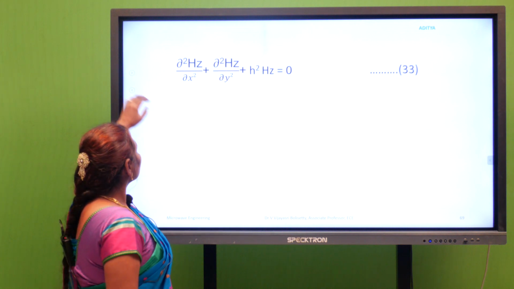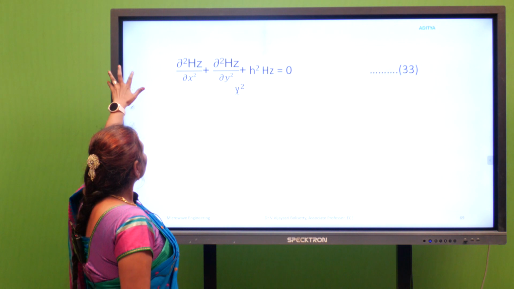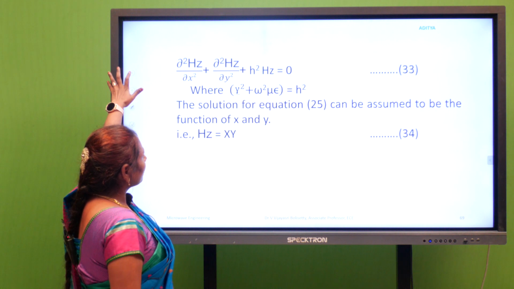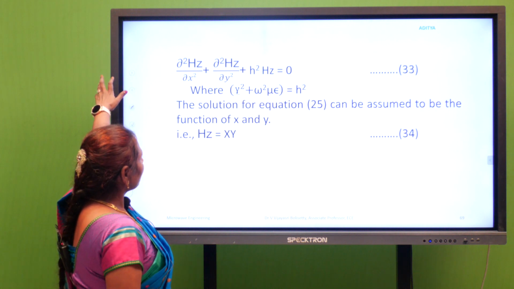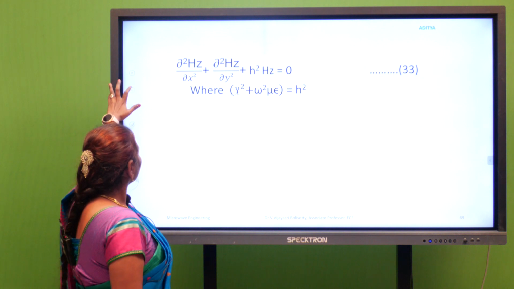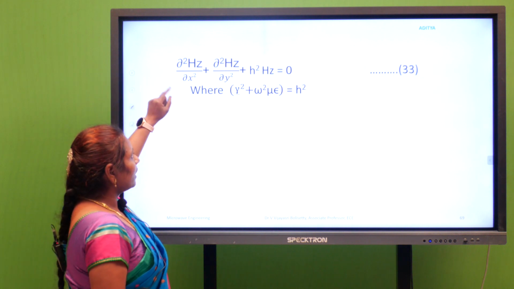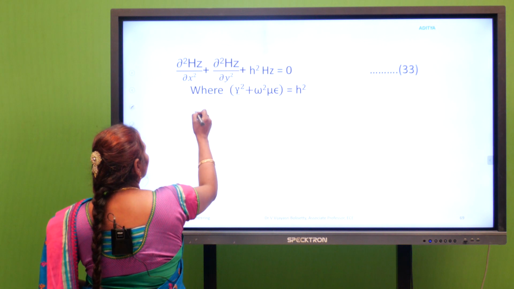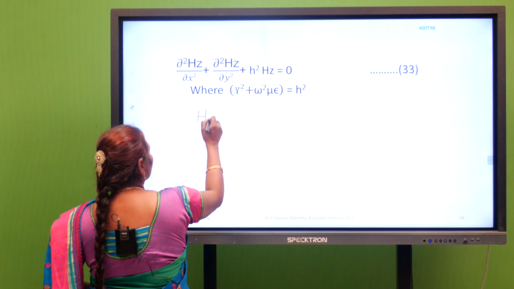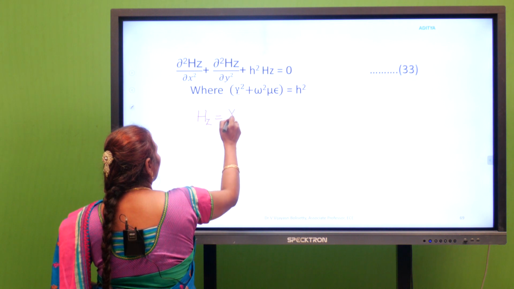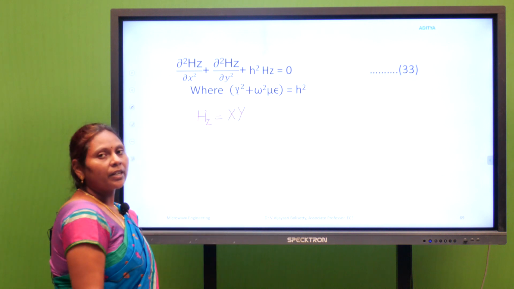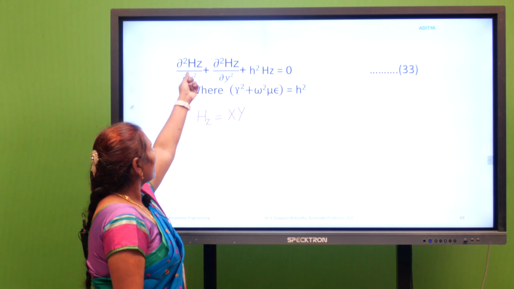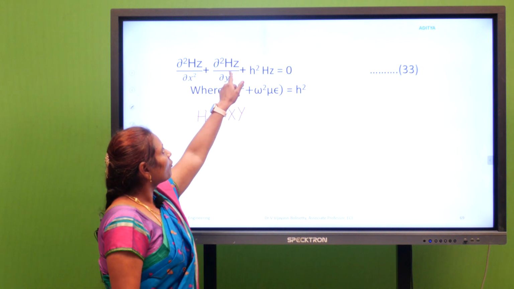Now we can expect a solution for this second order differential equation. The solution for this equation can be assumed to be Hz is equal to X Y, where X is a pure function of x only and Y is a pure function of y only.